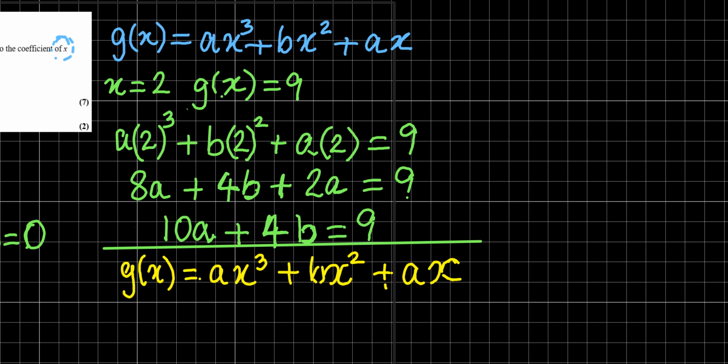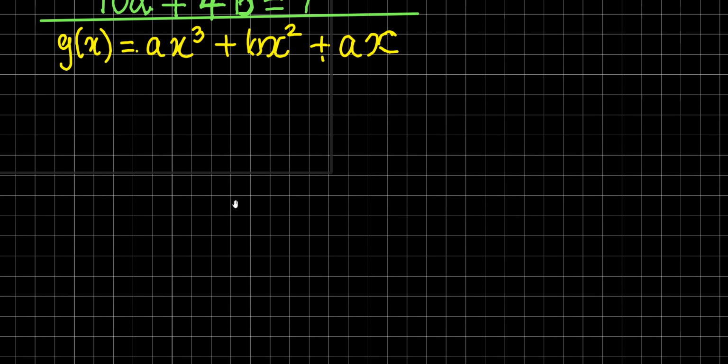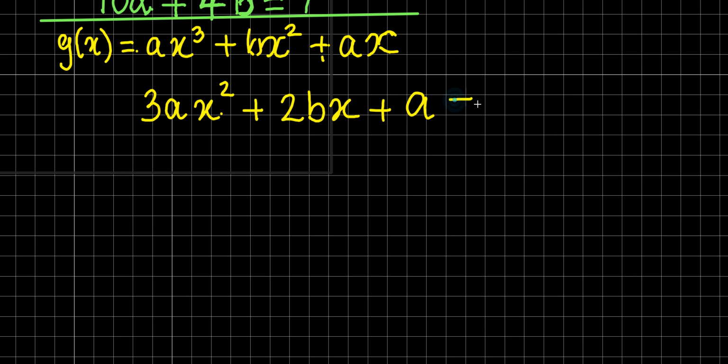We're going to find the derivative of that: 3ax squared plus 2bx plus a. That would be 0 because of the stationary point.